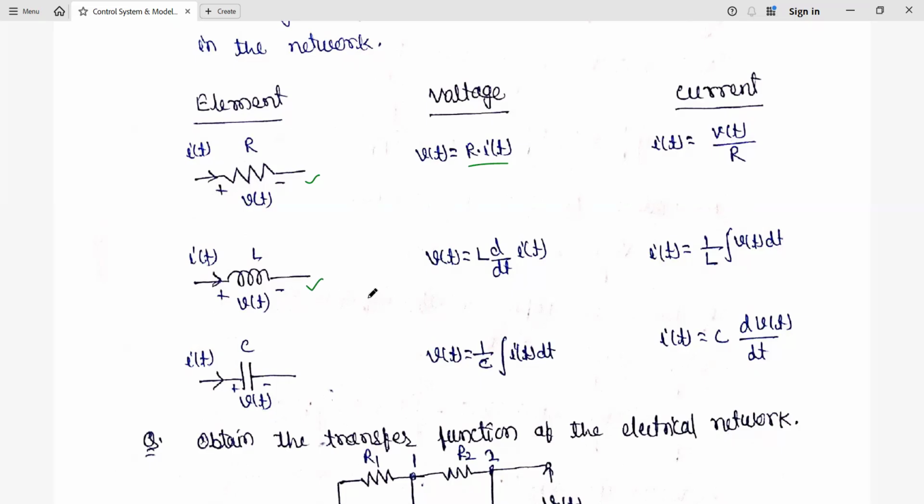In case of inductor, voltage is given as L into di by dt, whereas current is given as 1 by L integral of V of t into dt. In case of capacitor, voltage is given as 1 by C integration of I of t into dt, whereas current is C into dV of t by dt. So here you see how we are able to calculate the voltage and current, so that is important. These expressions you need to remember.